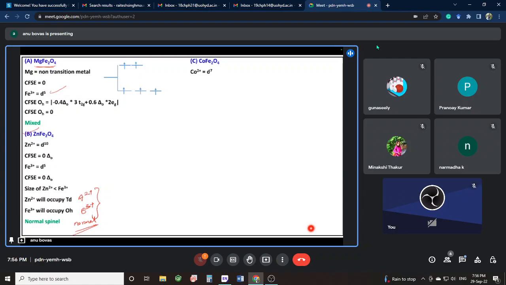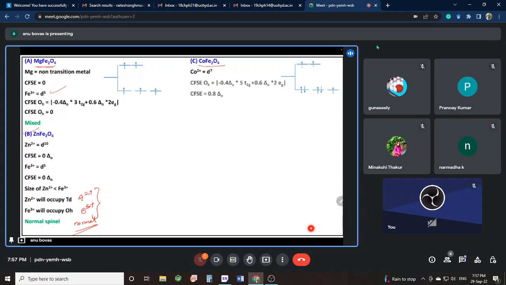And we can solve the other two options also. Even though we understood that option B is the correct option, still we will solve the other options and find out what they give and whether we are thorough with it. Okay. So in this case, option C given was CoFe2O4.